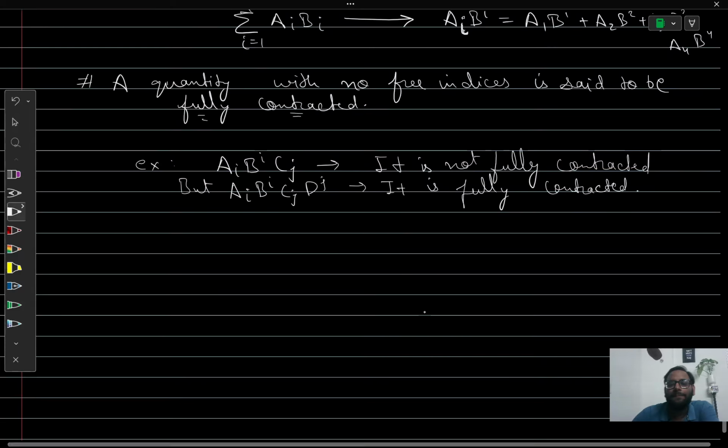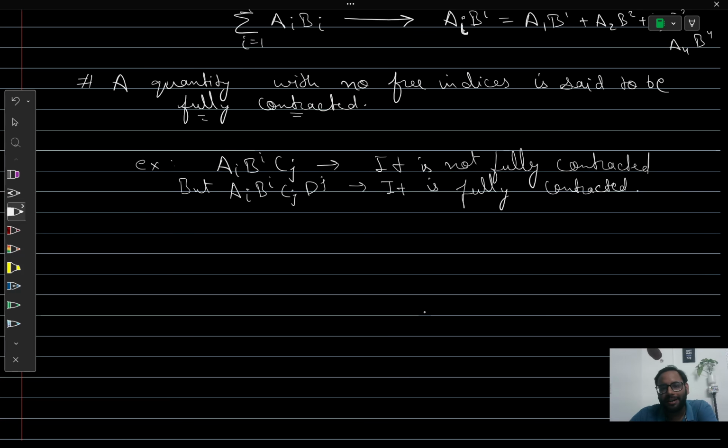But in the lower expression, all indices are repeated, so all are dummy indices. There are no free indices in the second expression or term.